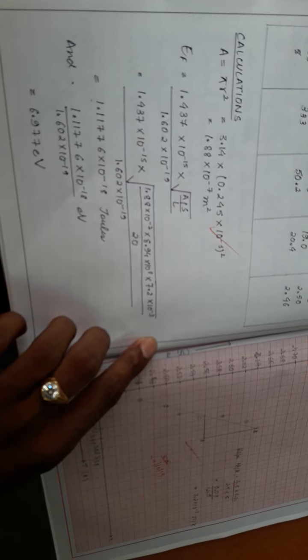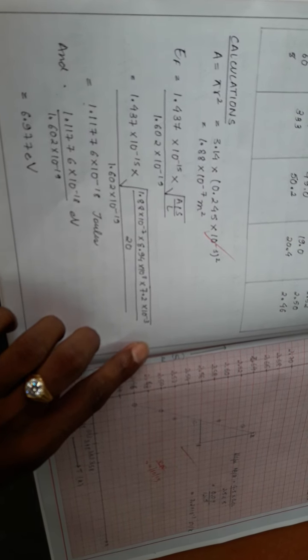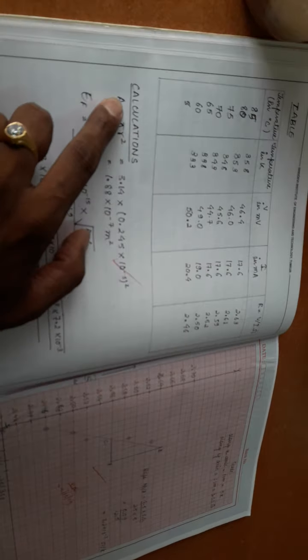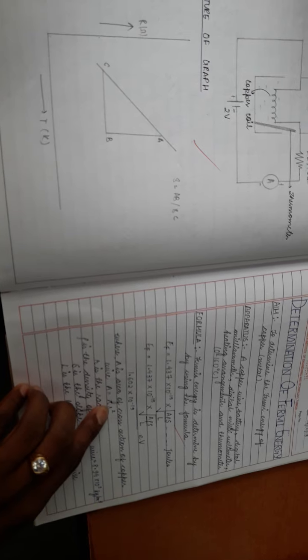Whatever Fermi energy we get is in terms of joules. When we divide by 1.602 into 10 raised to minus 19, we will get it in terms of electron volts. Like this we are calculating. Once we know the value of A, density is given, S is the slope from the graph, L is the length of the copper wire, that is 20 meter, and R is also given.